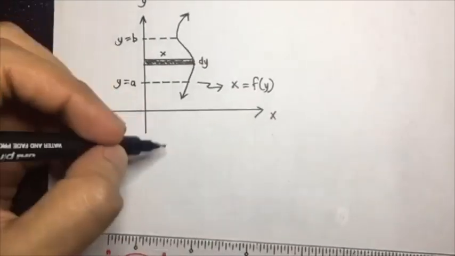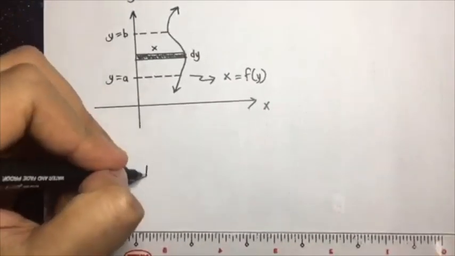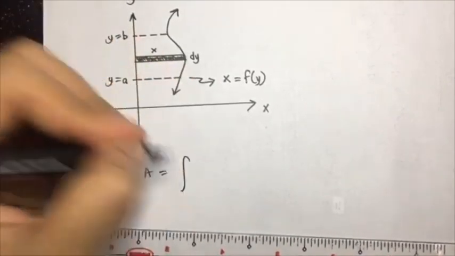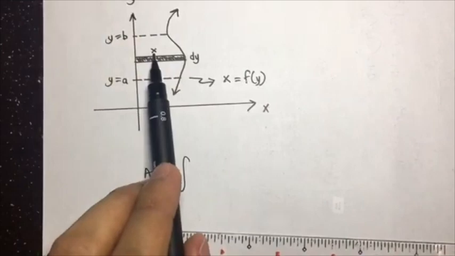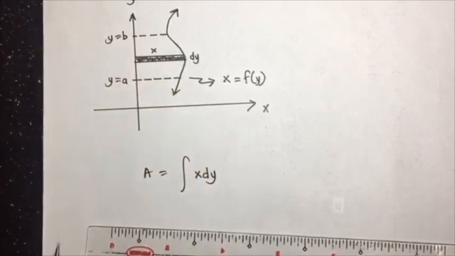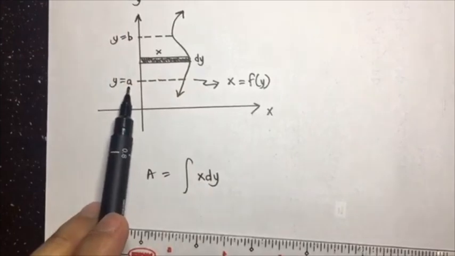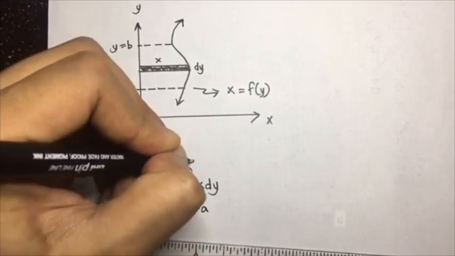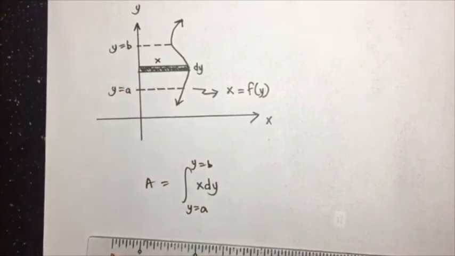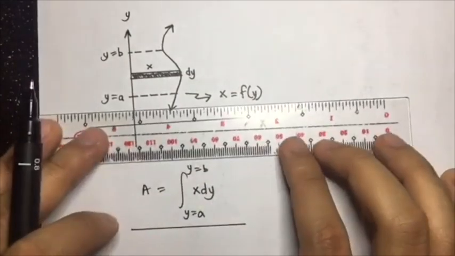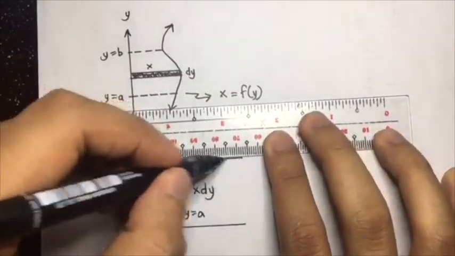So for a horizontal strip, the area is the integral of the area of one strip, x dy, from y is equal to a to y is equal to b. This is the general formula for a horizontal strip.